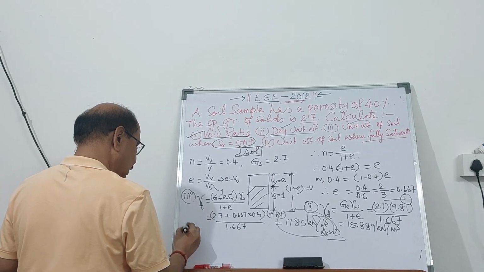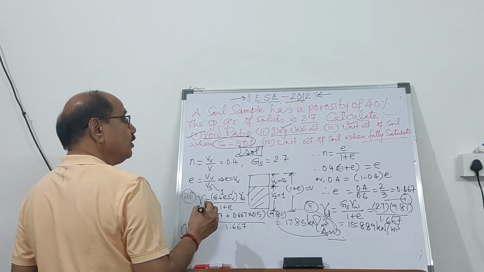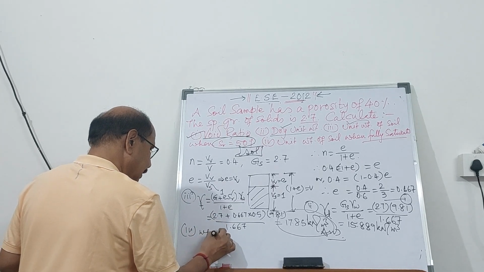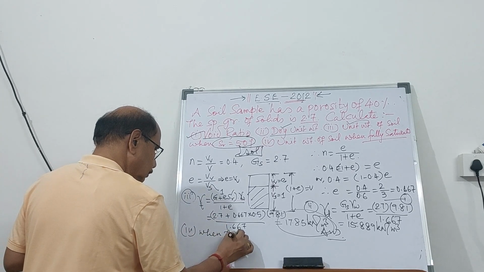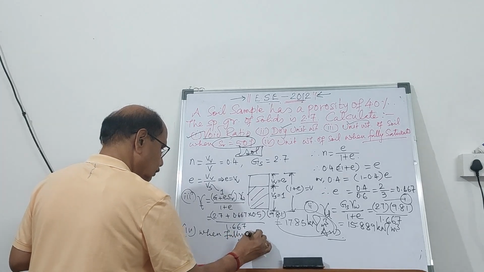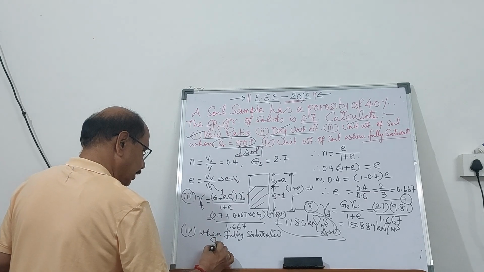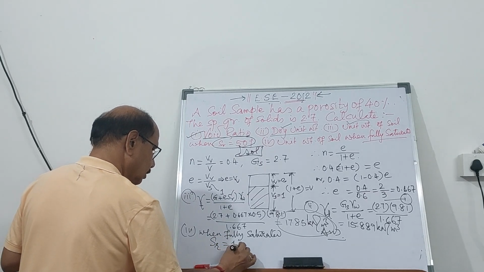And the fourth one is unit weight of soil when fully saturated. When fully saturated, degree of saturation SR will be 1.